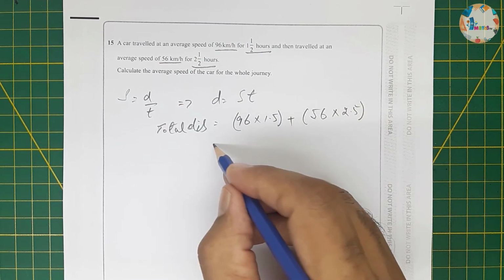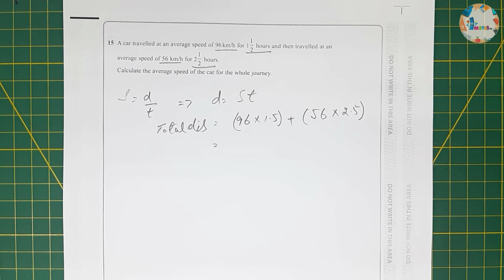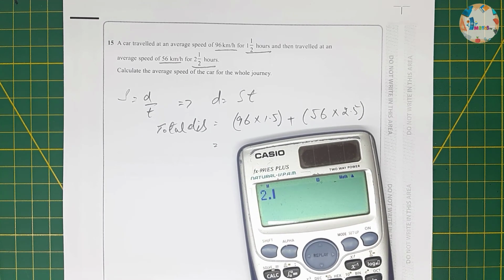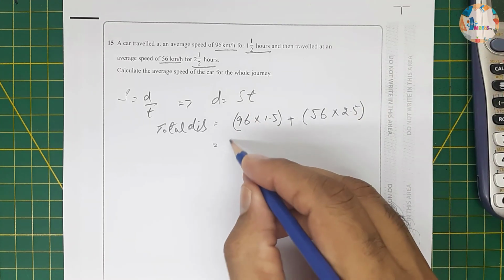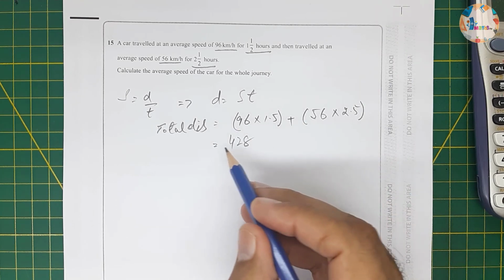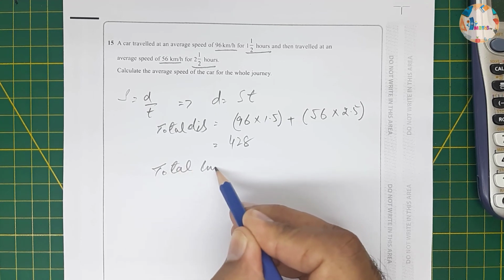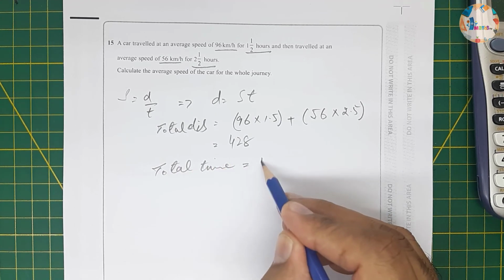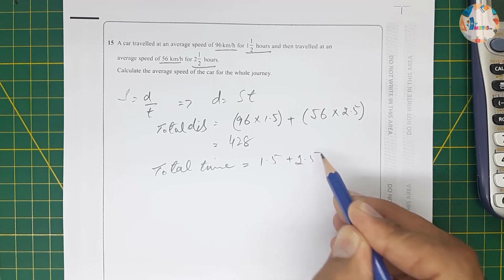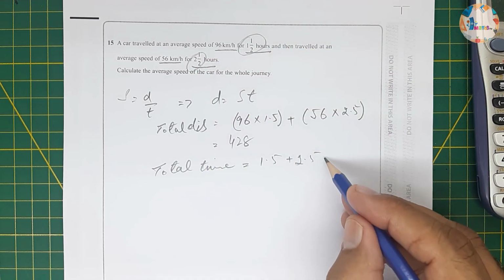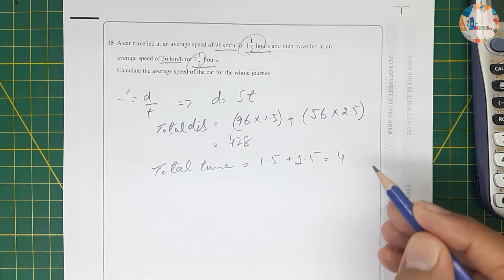So this will give us the total distance covered. We can use a calculator. So 96 into 1.5 plus 56 into 2.5 will be equal to 428. So 428 will be the total distance, and total time will be equal to 1.5 plus 2.5, which is 4 hours.